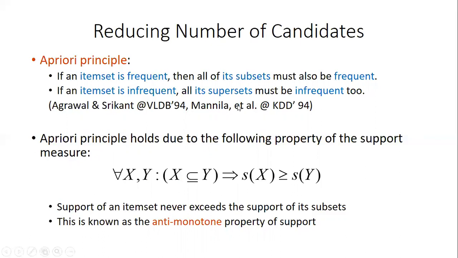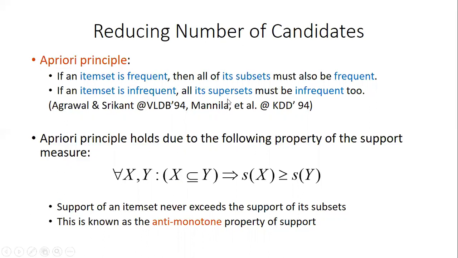To start with, what is the Apriori algorithm? The Apriori algorithm was given by two persons, R. Agrawal and R. Srikant, in 1994 for finding frequent item sets in a data set.